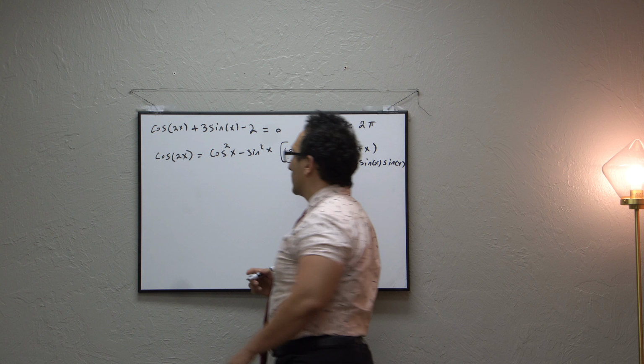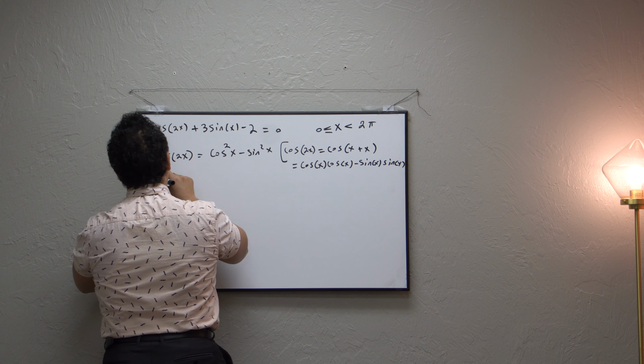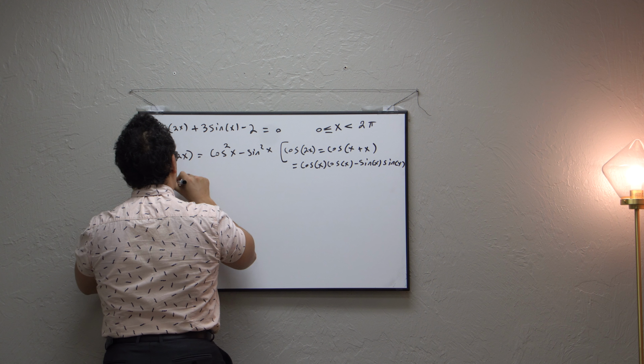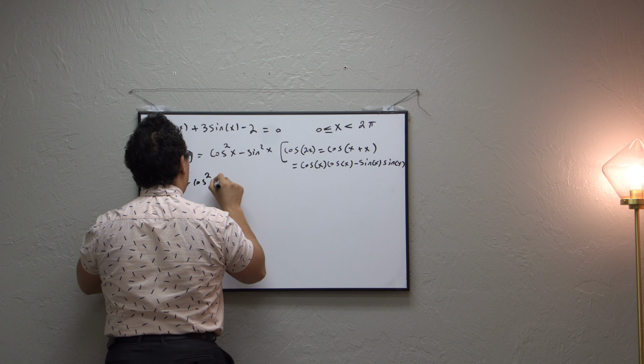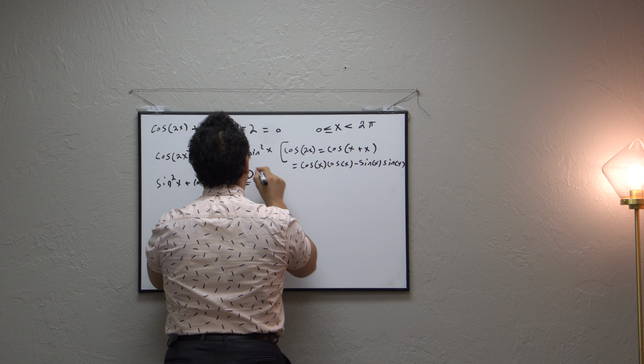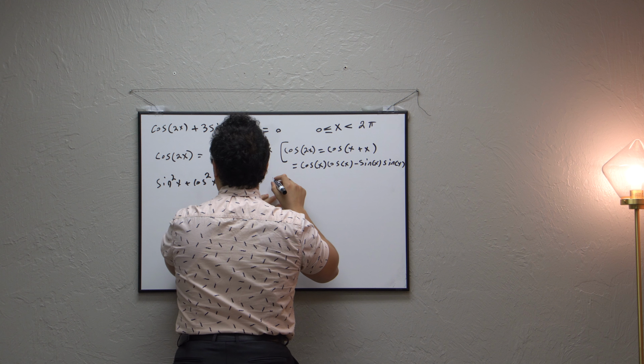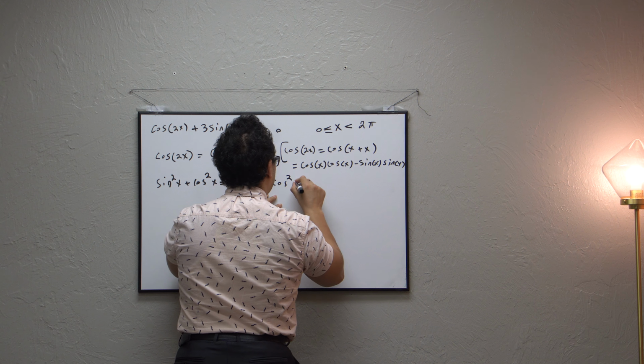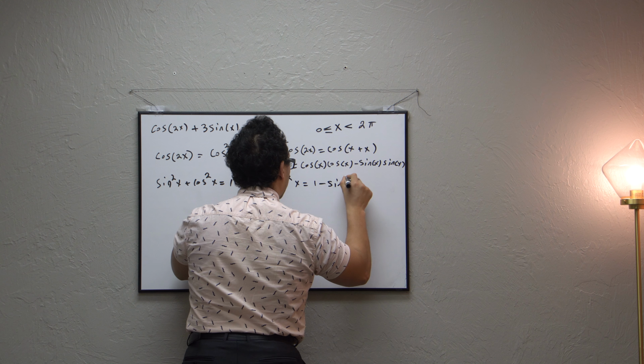But whenever we utilize the Pythagorean identity, sine squared x plus cosine squared x is equal to 1, in the first case, when we solve for cosine squared x, it gives us cosine squared x is equal to 1 minus sine squared x.